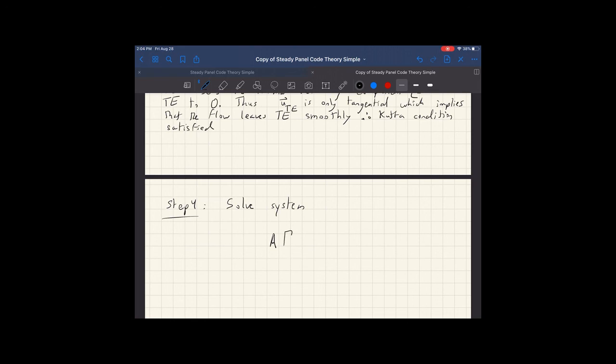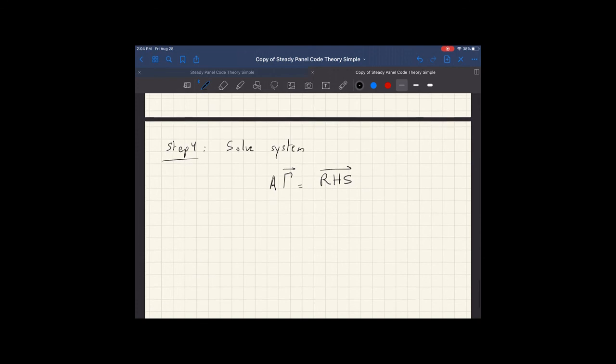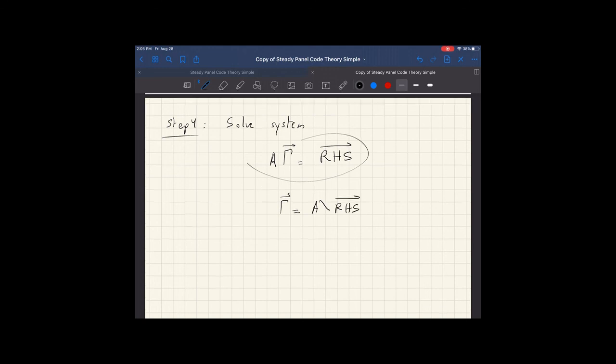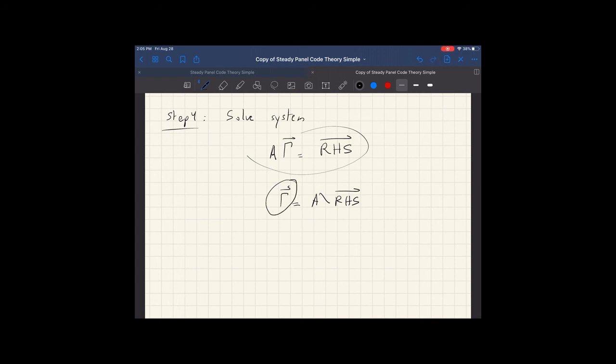You have a big gamma vector, including the vortex strength of all the vortices in your camber line, equal to some right-hand side vector that contains the free stream velocity information at all the collocation points. All you have to do to solve the system of equations is do A backslash RHS, which solves the linear system of equations to find the unknown bound vortex strengths.